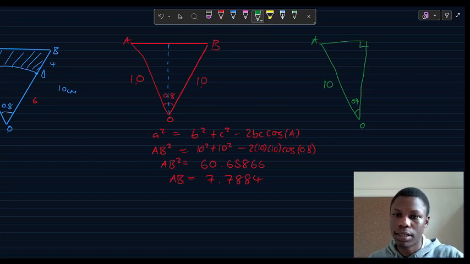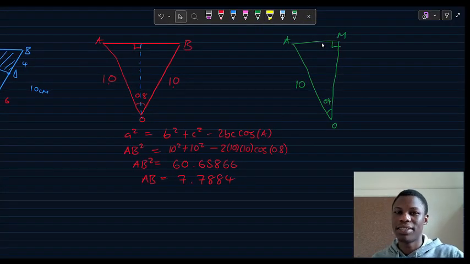And this is a right angle, right? Let me just call that point M. What we're interested in is line AM, because line AM would be half of AB, right?